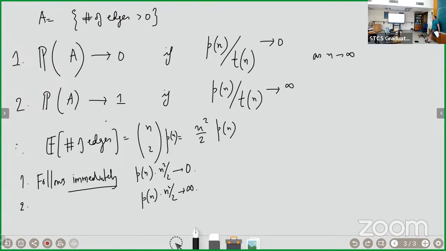So what is lambda? Lambda is nothing but n times P of n, or n squared. It's not n anymore. The total number of possible edges is n choose 2. So lambda is n choose 2 times P of n, I mean, the expectation.